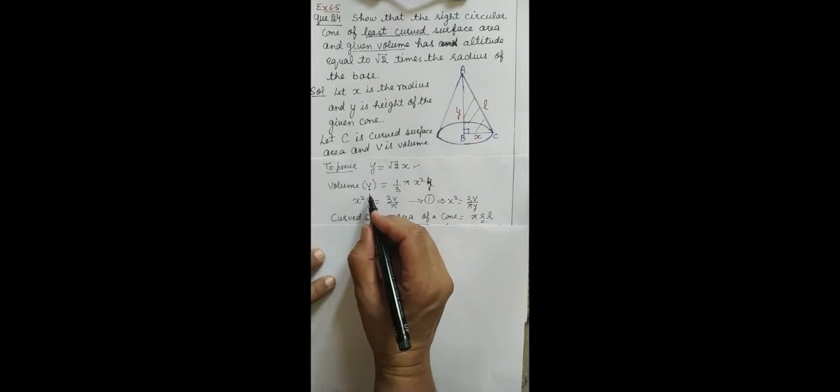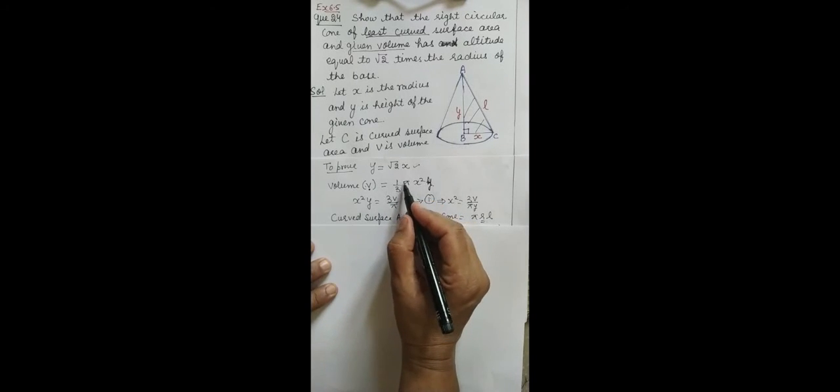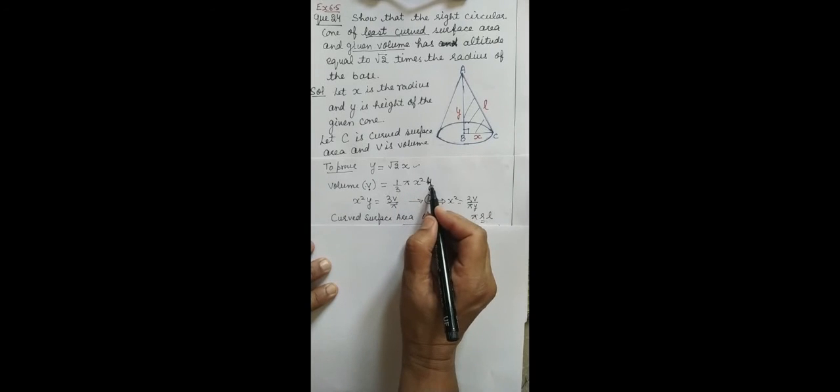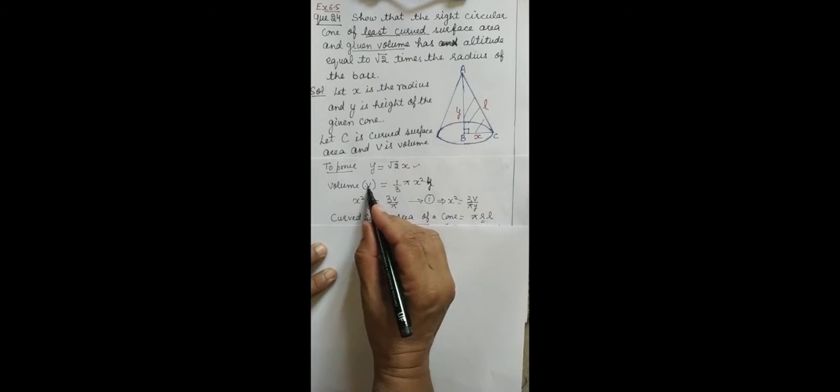Right, now volume is a fixed quantity, so the volume of the cone is actually 1 upon 3 pi x square y. Why? Because the formula is 1 upon 3 pi r square h, where r is here x and h is here y. So now volume is a constant quantity, so x square y can be written as 3v upon pi, from where I can get that x square is equal to 3v upon pi y.